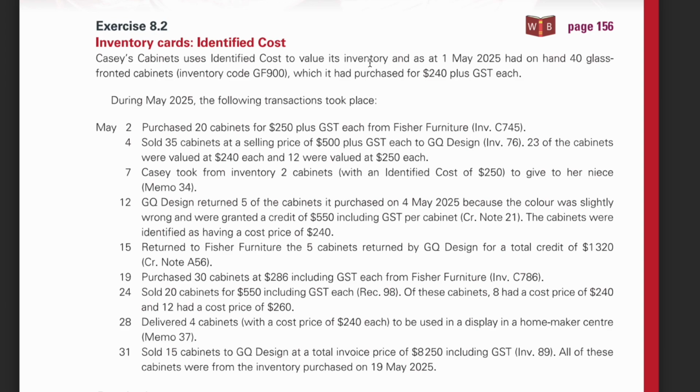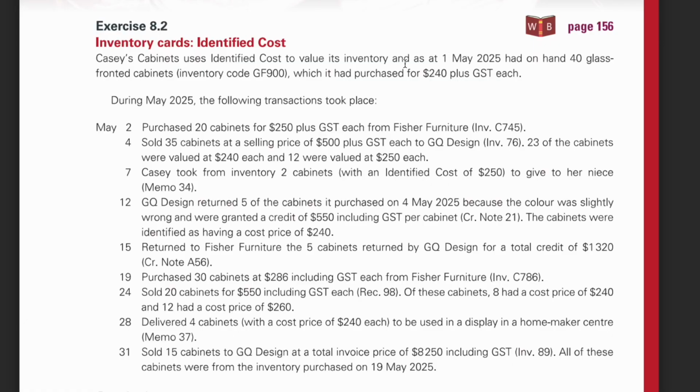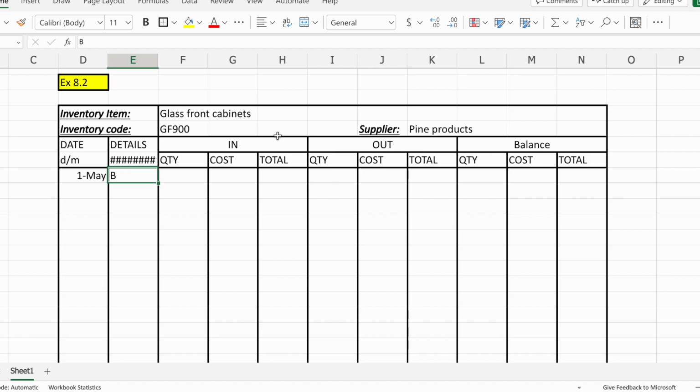They mentioned that the value of inventory on the 1st of May was 40 glass-fronted cabinets, each costing $240. Remember, for our details we either put the balance or the source document, but since there's no source document here, and it's how much inventory there is in the beginning, it's known as a balance.